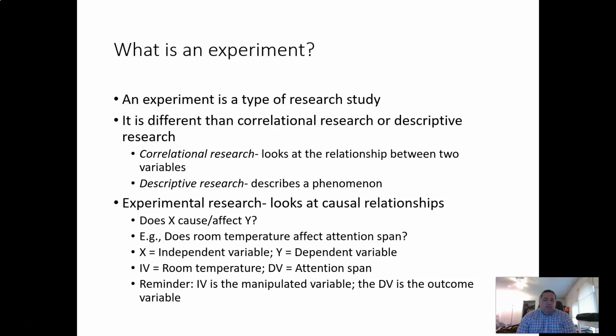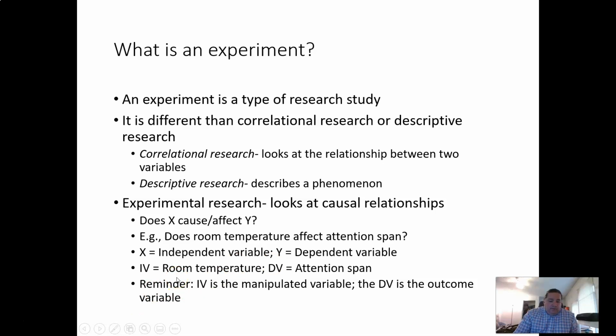Experiments look at does X cause Y? So does room temperature affect attention span, as an example? X is the independent variable and Y is the dependent variable. So when I change X, what is the outcome of Y? And so that's another way to look at it. A change in X causes a change in Y.